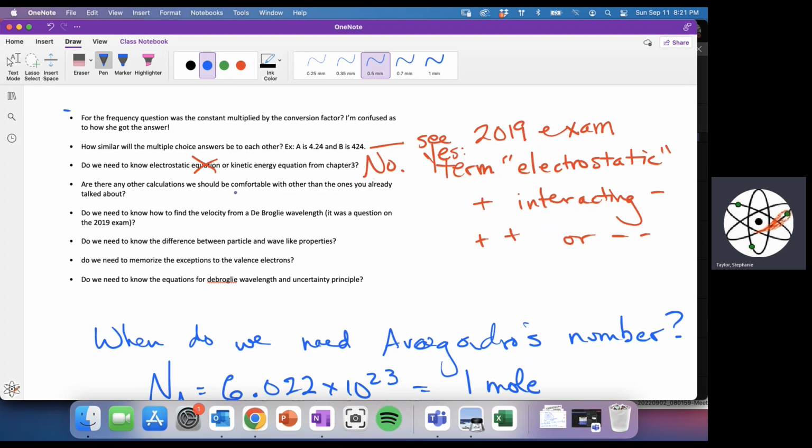Are there any other calculations we should be comfortable with other than the ones you already talked about? This is always a valid question. I always appreciate it when people ask if there is anything else that I missed. This is the part where I do some preparation, but not a complete preparation.